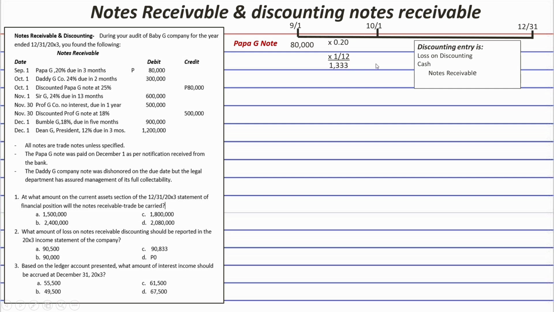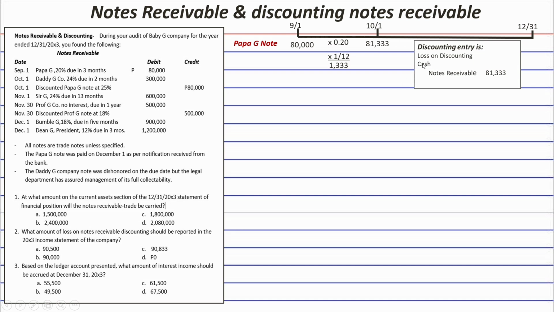So that's 80,000 plus 1,333 equals 81,333. Okay? And if you wanted to be strict in recording, you can credit notes receivable at 80,000 and then credit interest receivable at 1,333. It's up to you. But I'm gonna use here notes receivable plus interest receivable already of 81,333. Okay? That's the credit notes receivable.